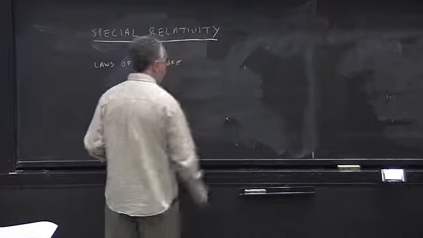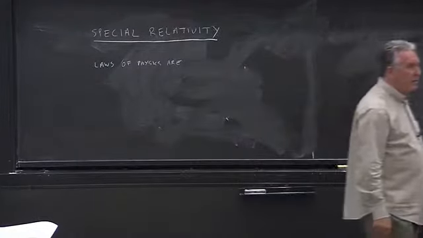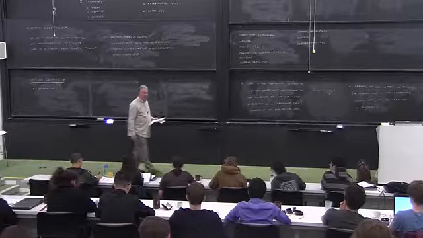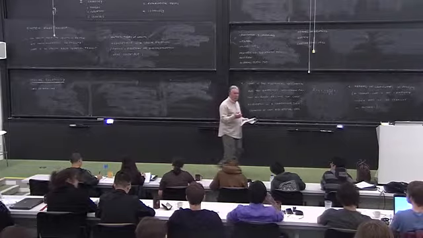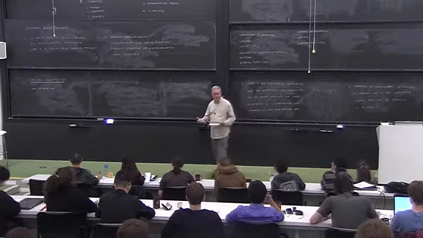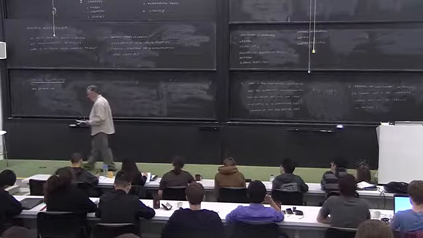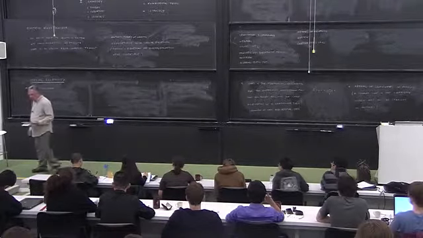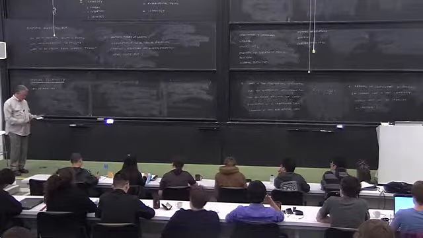And relativity is all about invariance. In fact, most of physics is about invariance, about symmetry, about what things stay the same when you change other things. And what special relativity is about is that our equations will stay the same even when we make Lorentz transformations of the coordinates.